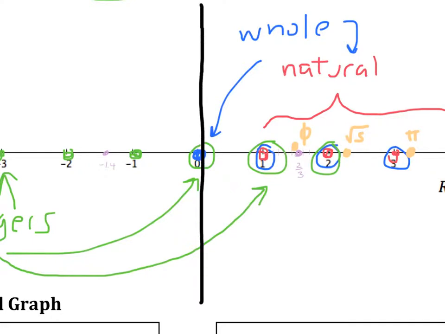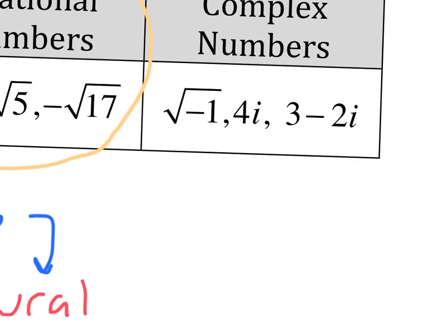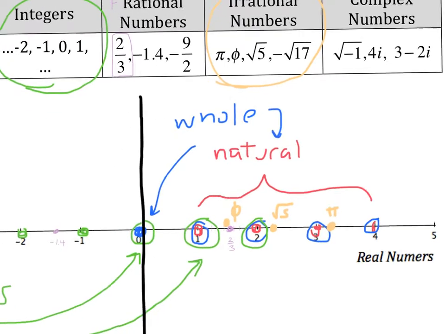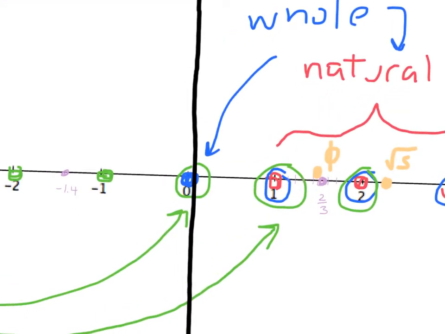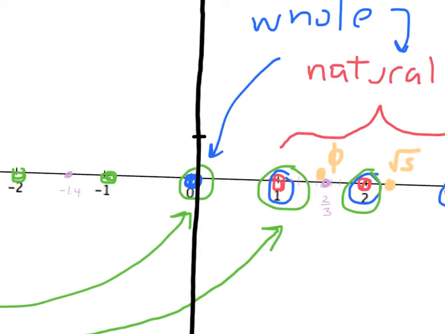Go off the real numbers, and now I have something that is called imaginary numbers. Imaginary numbers would be anything that has a square root of a negative number. So for example, the square root of negative 1 would simply be right here.